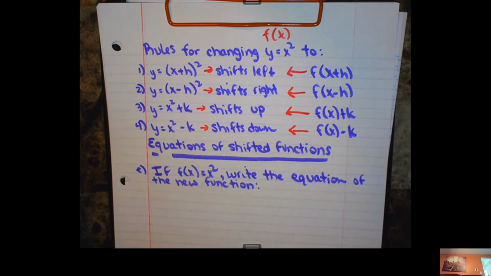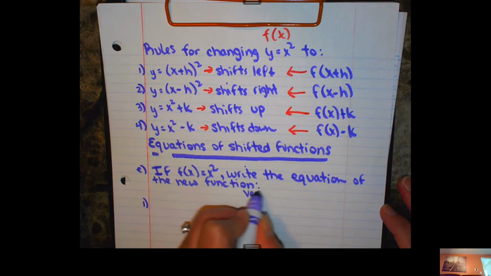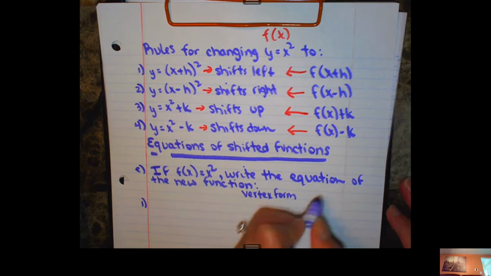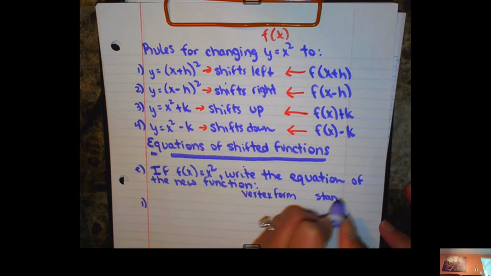We're going to write it in standard form and we're going to write it in vertex form. So here's our, I'm going to skip a couple of spaces. You'll see why. I'm going to have number 1 here. I'm going to put vertex form here, and standard form is going to go over here.